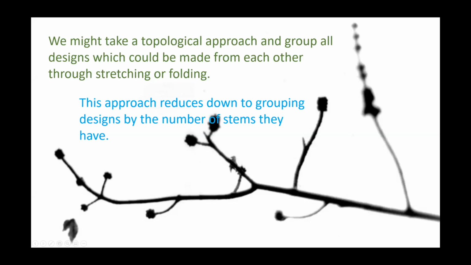And so perhaps the best place to start would be categorizing our designs based on their general topology, right? If we fold or stretch them, can we make a single design from 2 different ones, or are they distinct after those changes? Essentially, we're counting the stems of designs.